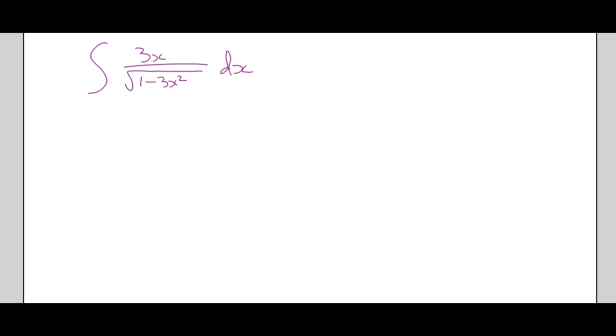Okay, 3x over the square root of 1 minus 3x squared dx. So you might want to rewrite this like this.